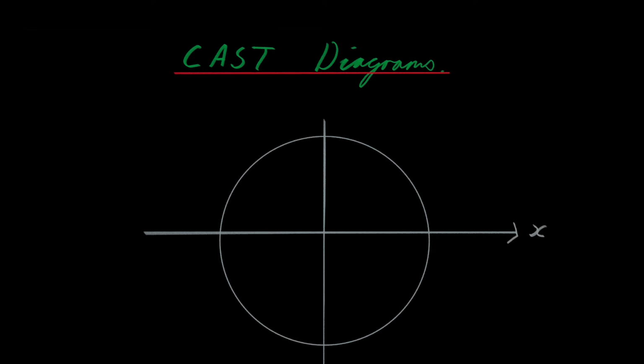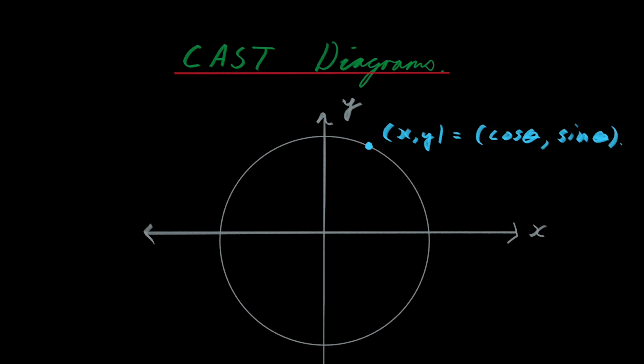It's x and that's y. We know that for any point on the unit circle, its coordinates are going to be x and y. But according to our unit circle definitions of trigonometric functions, that boils down to x equal to the cosine of theta and y equal to the sine of theta.